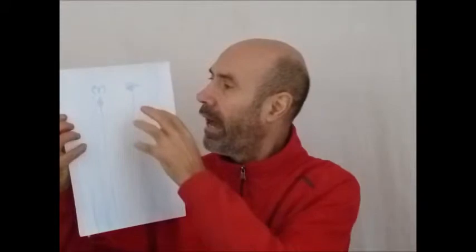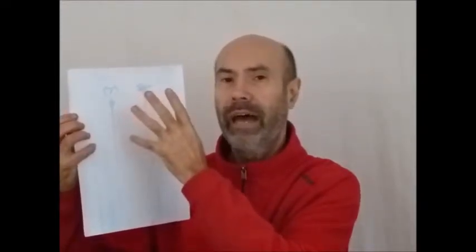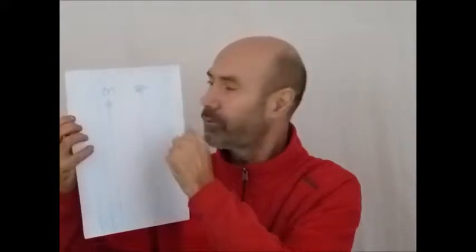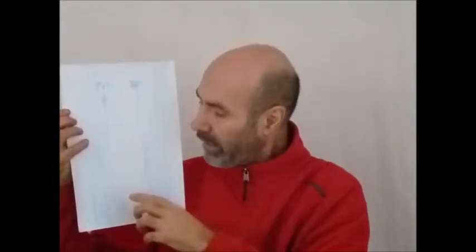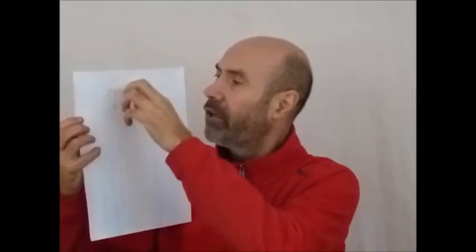So, the ventricles are full of water, 99% water, with glucose, oxygen and minerals in it, and it is produced within the ventricles at the choroid plexuses. Now, the ventricles have a lining.